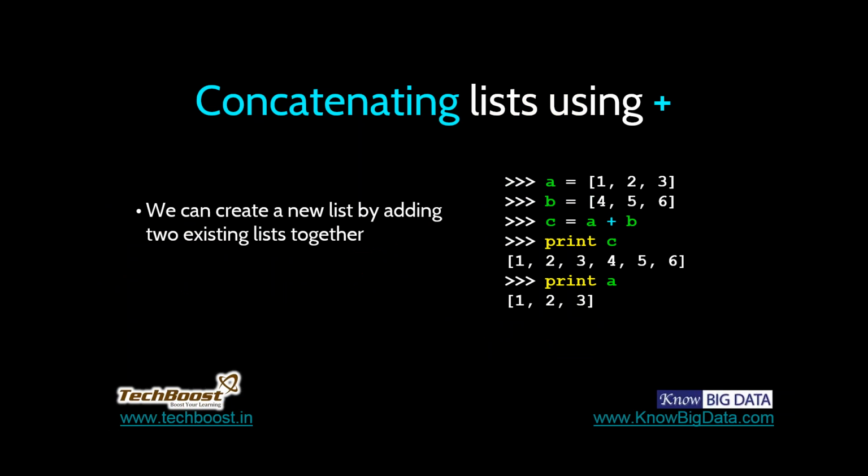Concatenating lists using the plus operator. How did we concatenate two strings? We used the plus operator to concatenate two strings, isn't it? So we can also concatenate lists by using this plus operator, and what it does is creates a new list by adding two existing lists together. Alright, and let's see the example.